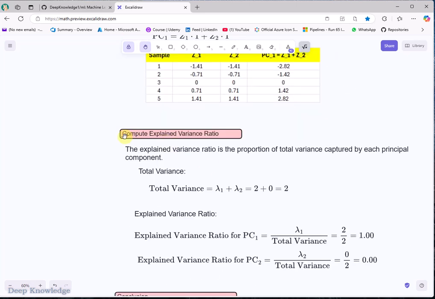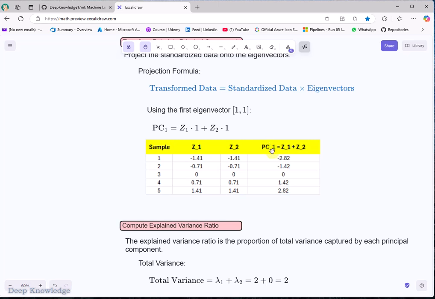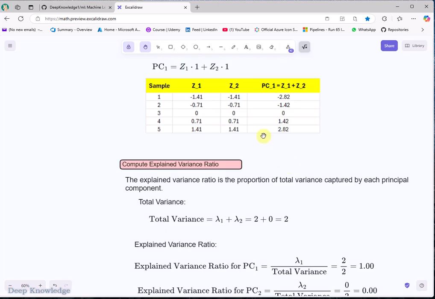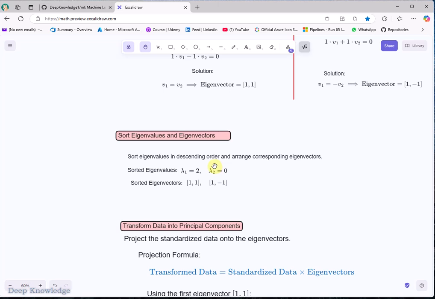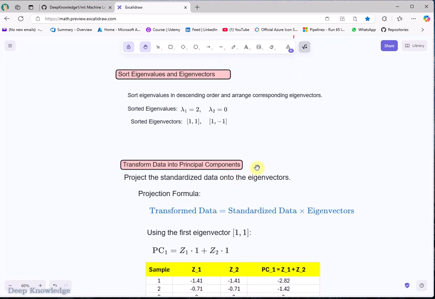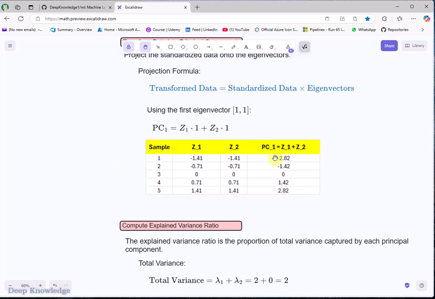And now we can see the principal component 1 will be z1 plus z2. So for instance, this plus this, we will have the principal component 1. If we need principal component 2, we will do 1 and minus 1. But because we only have two variables or two columns, to keep it simple, I will select only principal component 1. If you need principal component 2, it will be the same, but you need to replace the eigenvector.